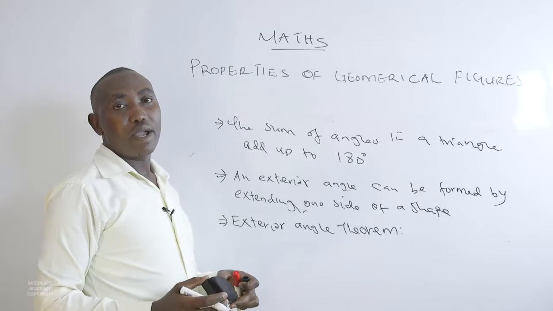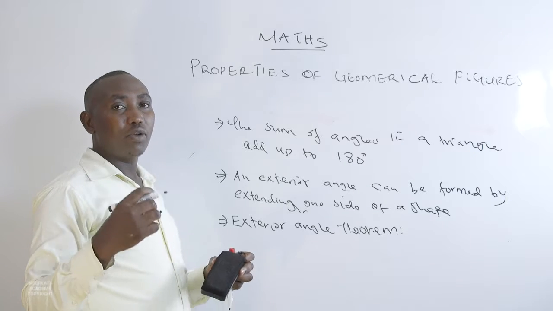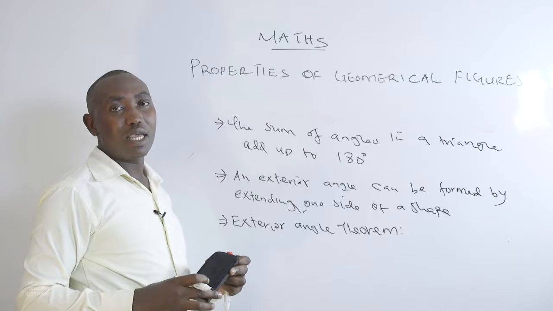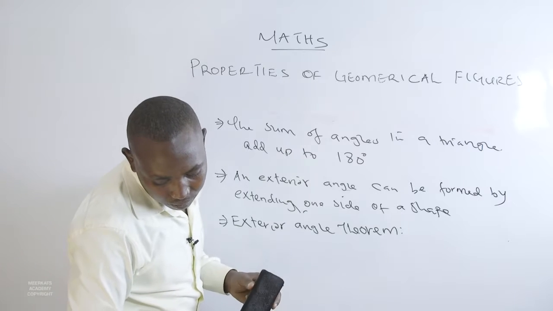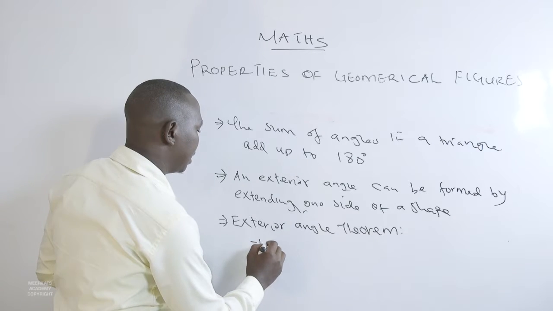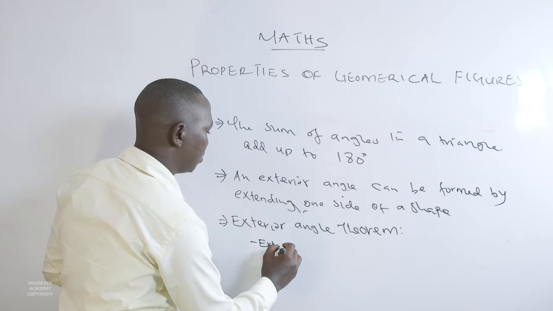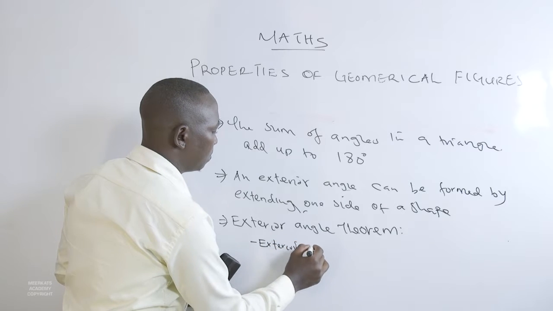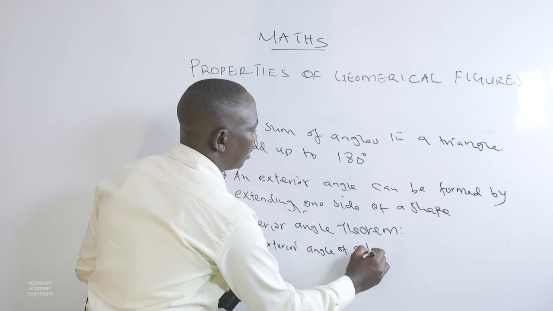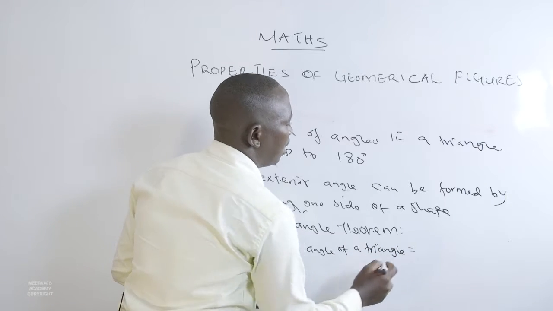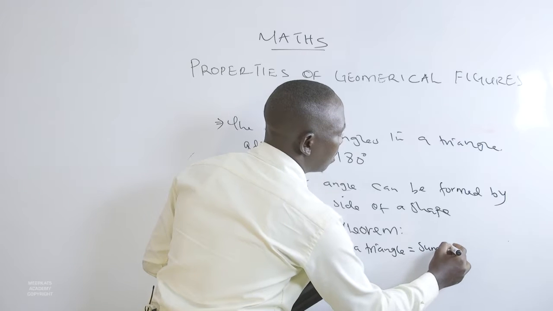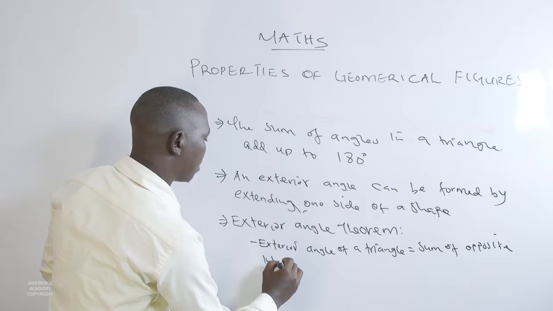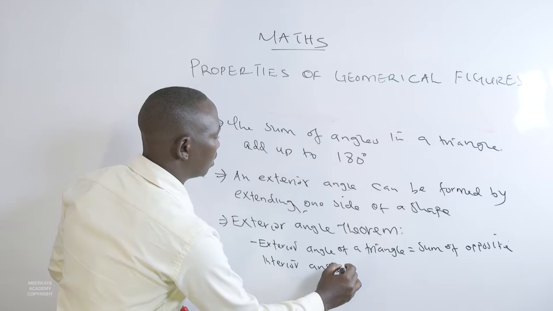In this theorem, it normally states that the size of one exterior angle is equivalent to the sum of the opposite interior angles. That is, the exterior angle of a triangle is equivalent to the sum of the opposite interior angles.